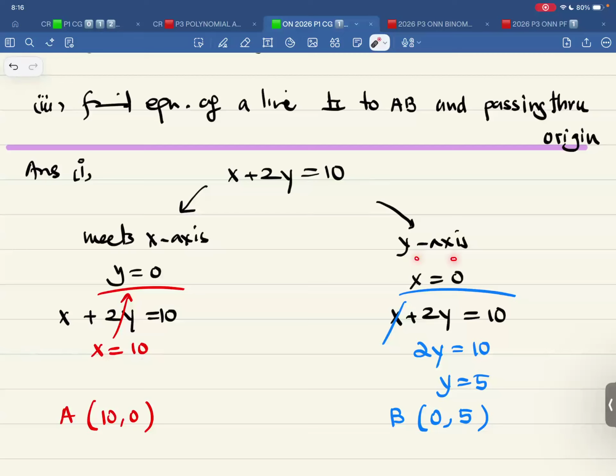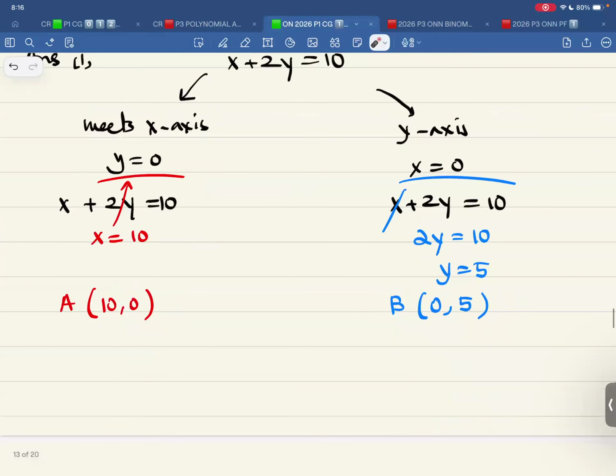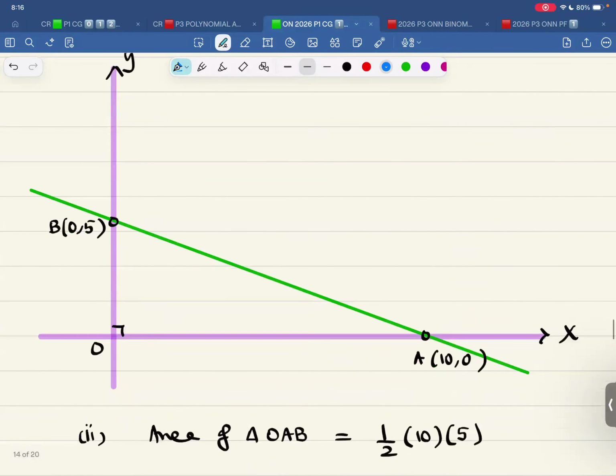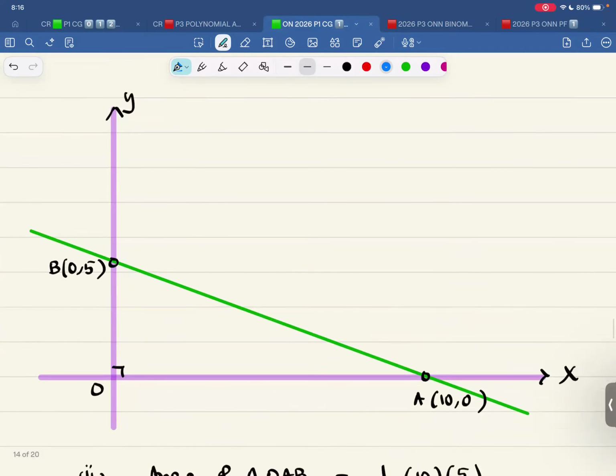Line meets y-axis, x-coordinate is 0, y comes out to be 5. That is the x-intercept. So this A is technically the x-intercept. And this B over here, that is the y-intercept. Now that's how the diagram looks.